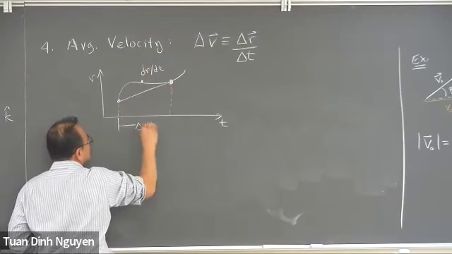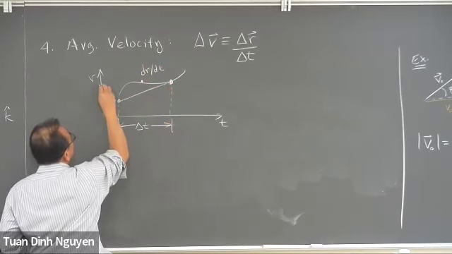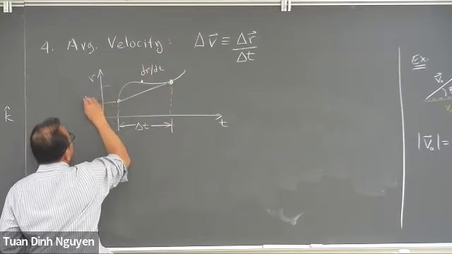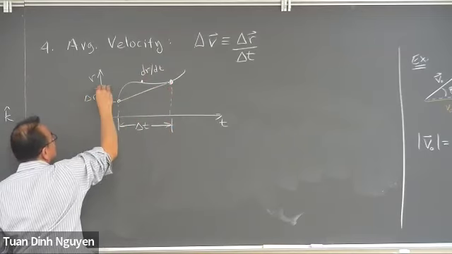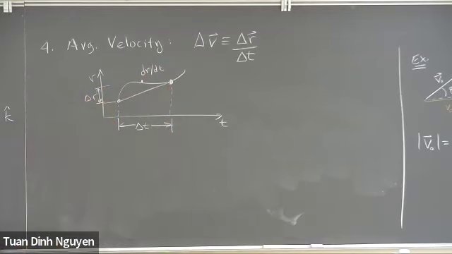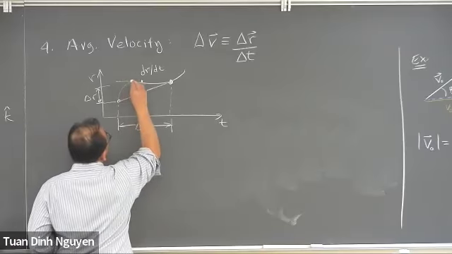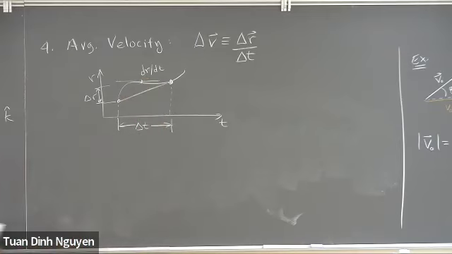This will be delta t, and this will be delta r. I'm doing the one-dimensional case here because we can't show it three-dimensional. So the instantaneous derivative, the velocity, is the slope of this position curve.